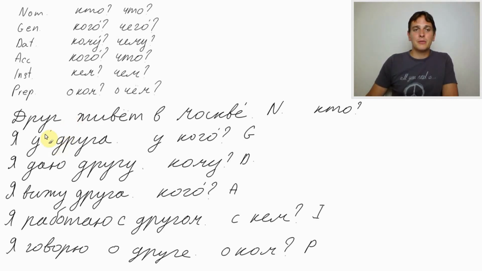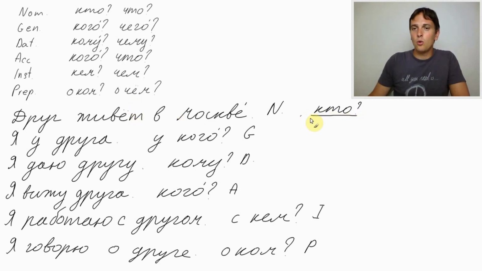But right now, because we got these words and sentences on the monitor, let's repeat them. So the question, кто, who. Who comes from nominative case. And what is the sentence here? Друг живет в Москве.